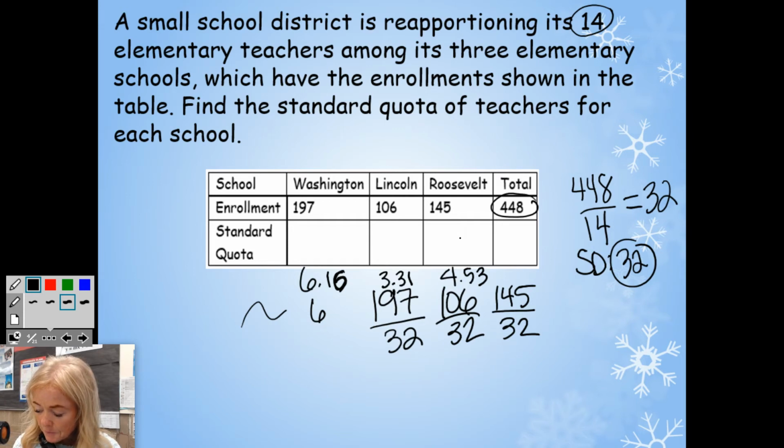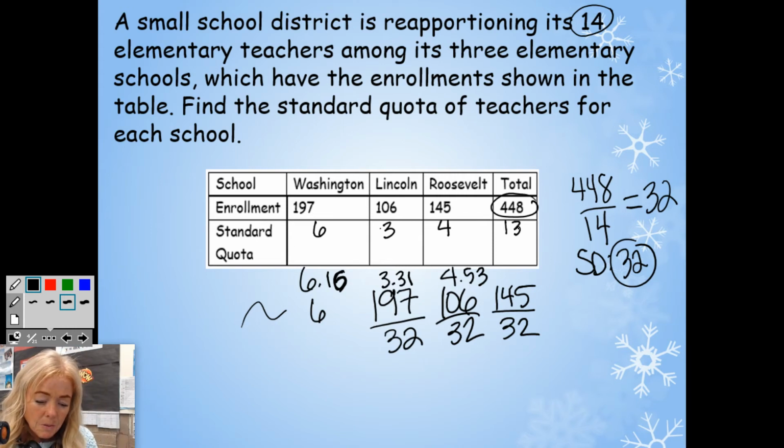So if we take 6 plus 3 plus 4, you're going to note that we have 13, right? And 6 and 3 and 4, I'm just going to write this above here. If we round appropriately, it gives us 13. However, we had 14 teachers.